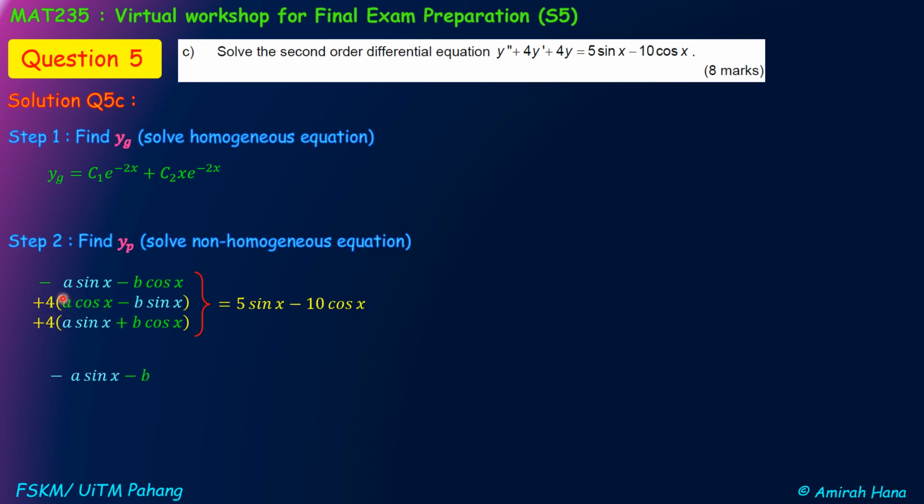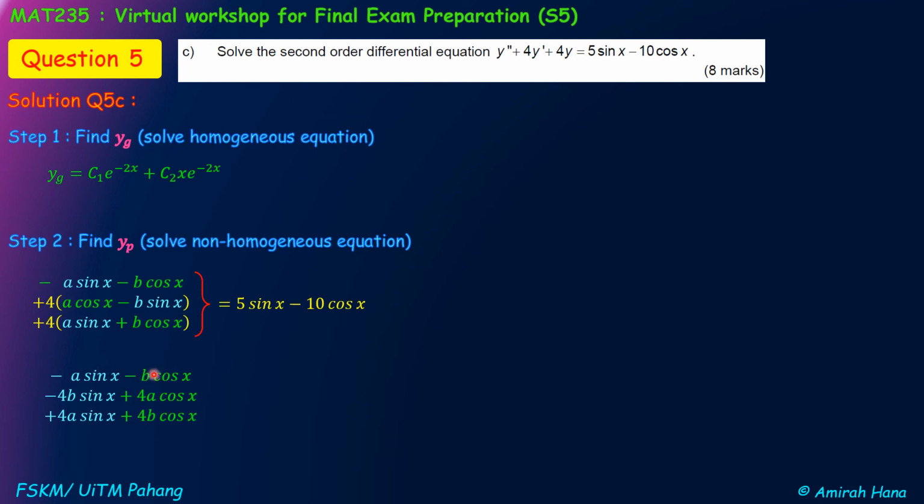So from here, we rearrange and expand this. We have negative A sin x minus B cos x, and then plus 4 times negative B sin x, so we have minus 4B sin x, and then plus 4 times A cos x, so we have plus 4A cos x, and then plus 4A sin x, and then after we expand this, we have plus 4B cos x.